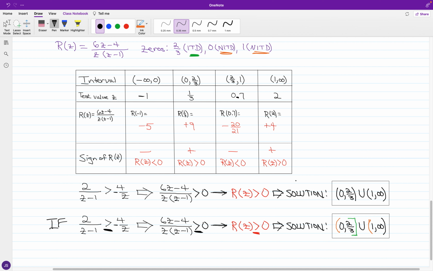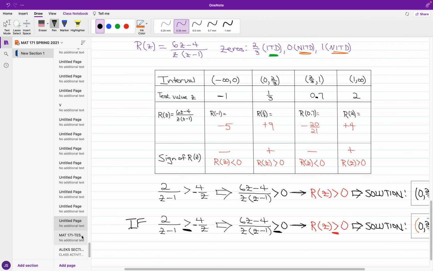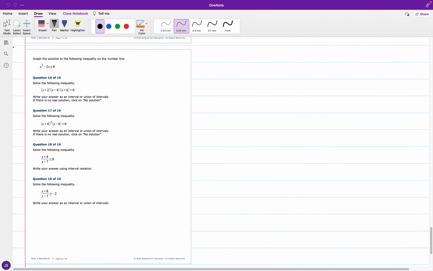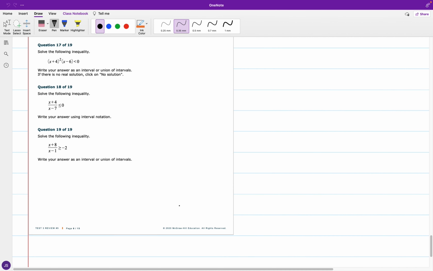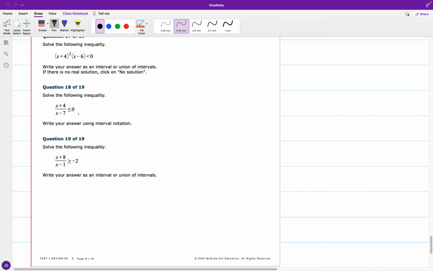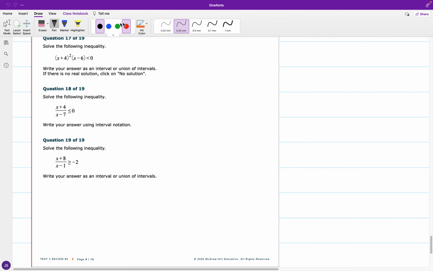All right, now just looking at other cases involving inequalities from your test 3 review set, since we're into the comparison inequalities, let's look at numbers 18 and 19, the rational inequalities.